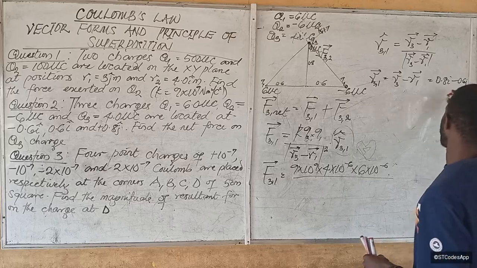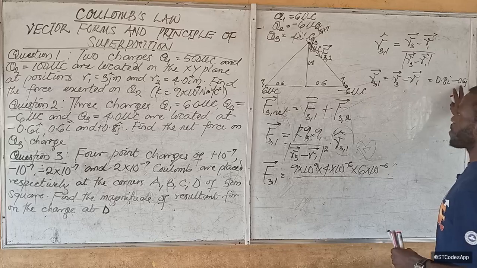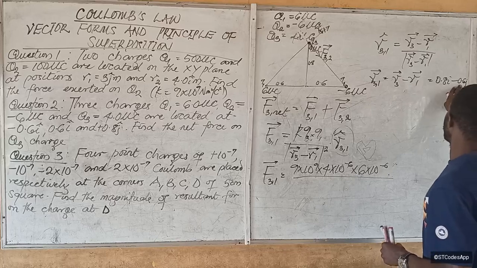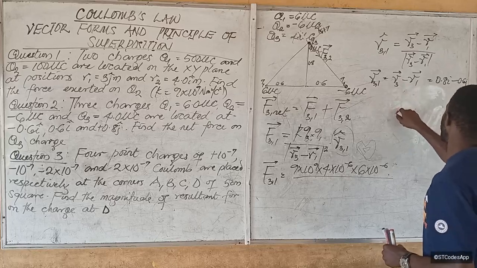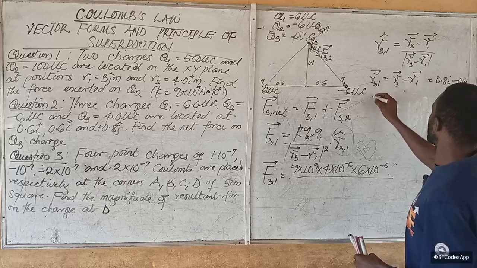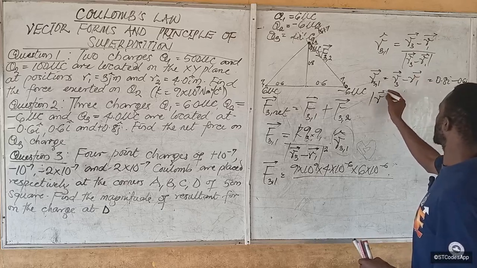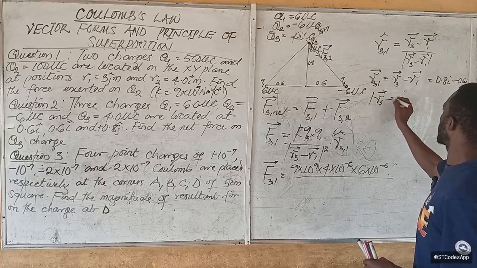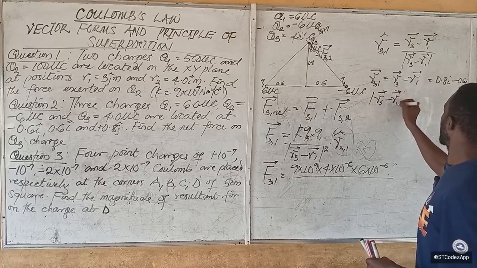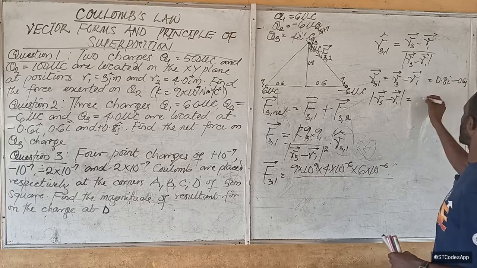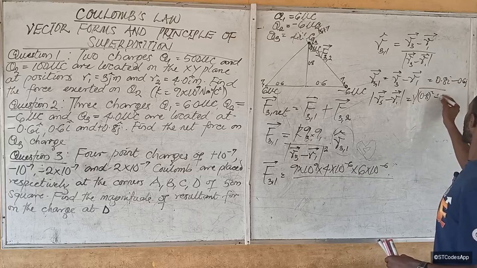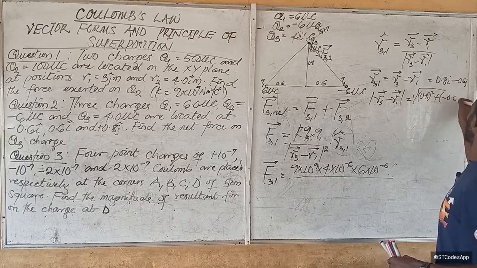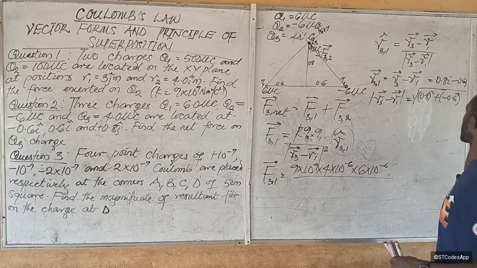So then the magnitude of this will be equal to the square root of the square of this plus the square of this guy.